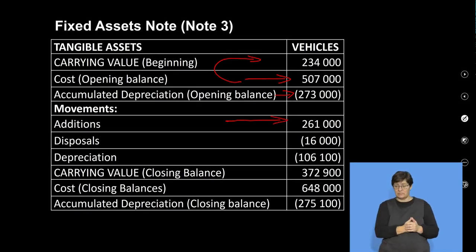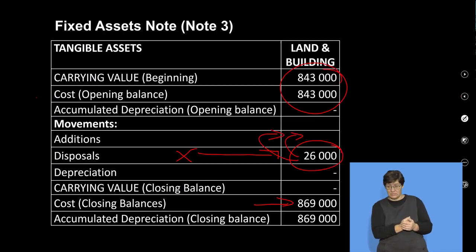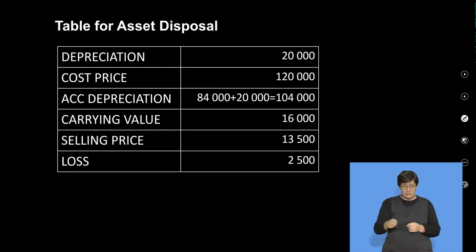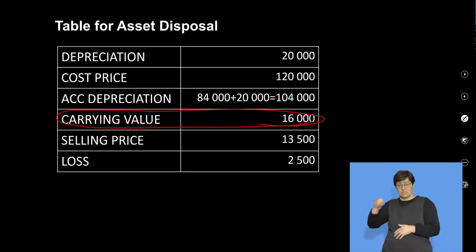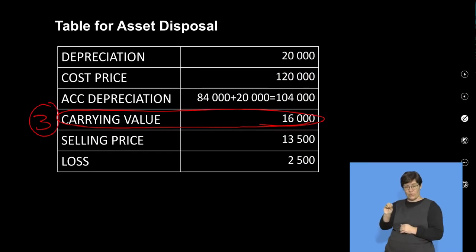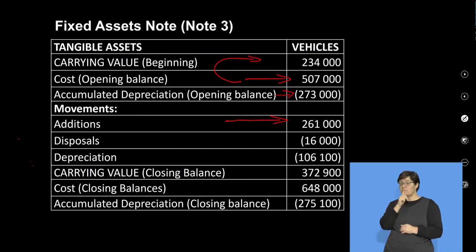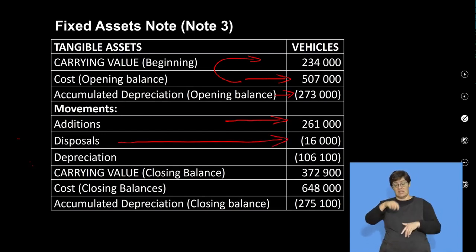We've dealt with that. Remember what we said, and this is very, very important here, guys. If we look at this one here, I want to bring this to your attention once again. Can you see? Carrying value of 16,000 Rand. Remember we said a big 3? So we're showing you now in note number 3 where you say disposals at carrying value.